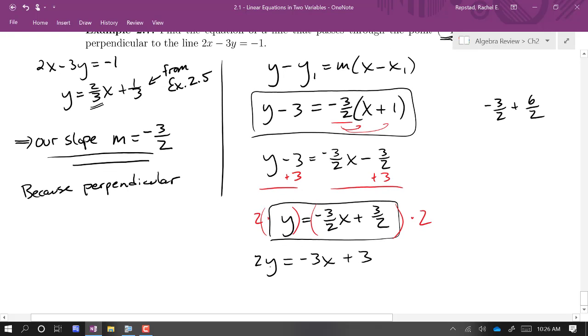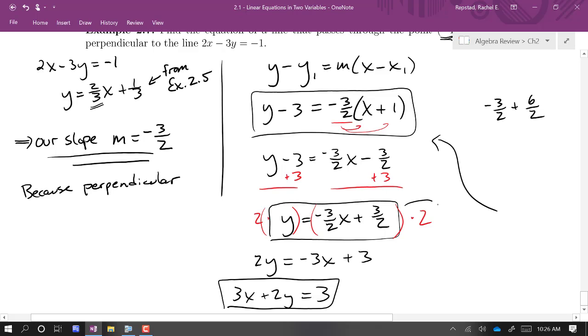And then if you add 3x to both sides, you get 3x plus 2y equals 3. So any of these forms, unless you're asked to give your result in a particular form, any of these forms is okay.